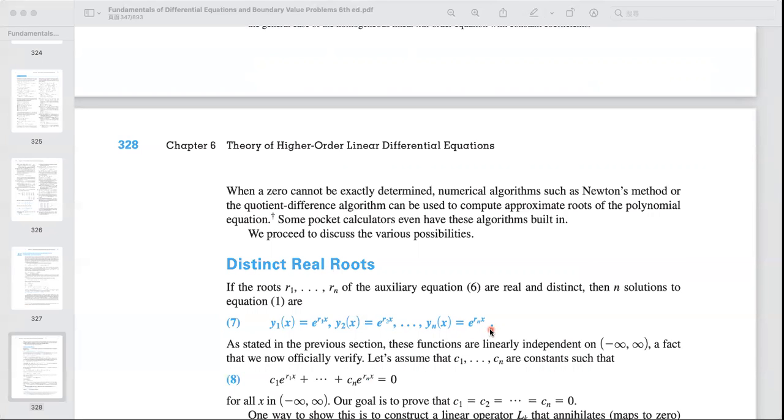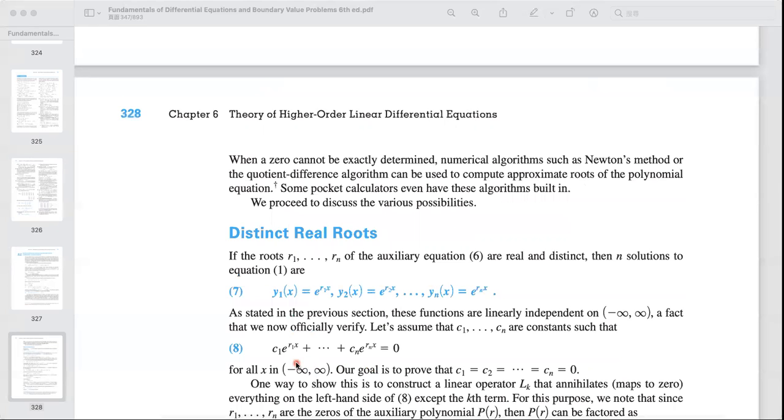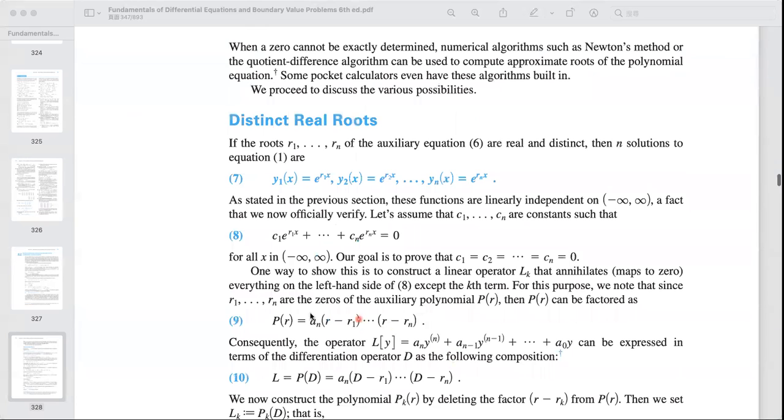So next you might ask, how do we know these n solutions are linearly independent? Well, to prove this, we need to consider the linear combination of these n solutions equal to 0. If the only possibility is that all the coefficients C1, C2, ..., Cn are equal to 0, that means they are linearly independent solutions. The proof is in the following.